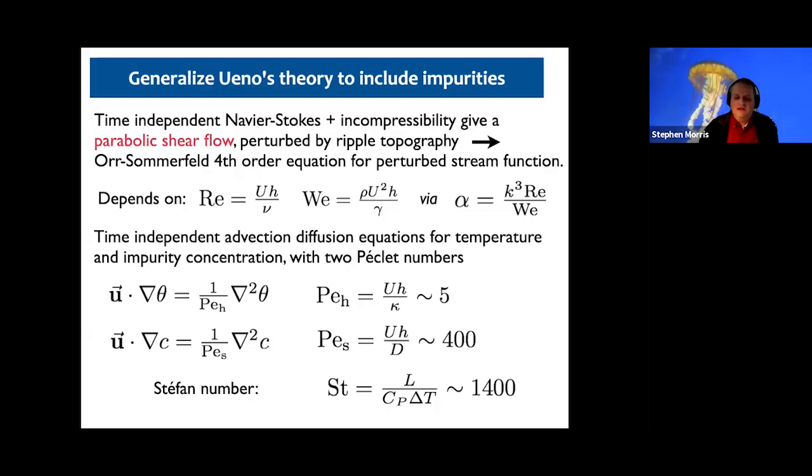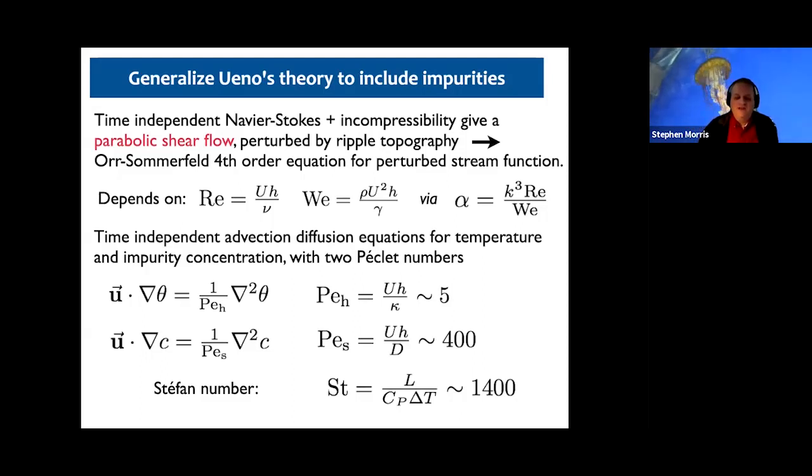And the Peclet number of the concentration is very large, which tells you that basically the concentration diffuses very slowly compared to how fast it's advected. And then there's one more number called the Stefan number, which tells you whether the temperature gradients are in equilibrium with the rate of growth, and it's very large. So that tells you this is slow growth by some standards.